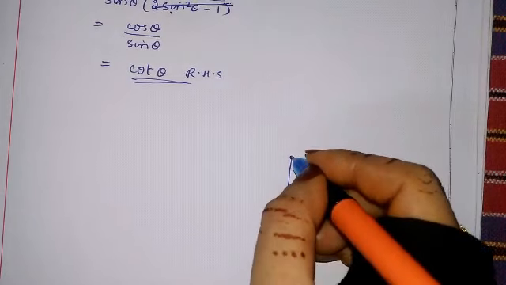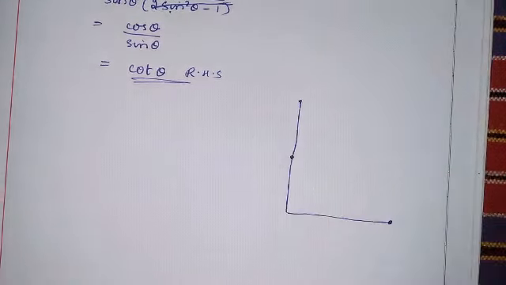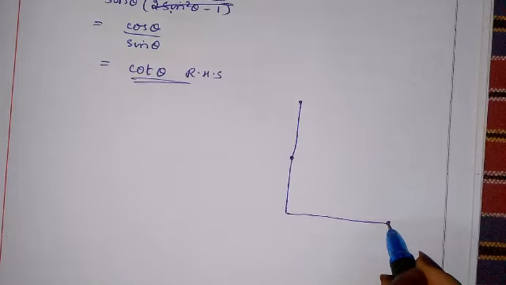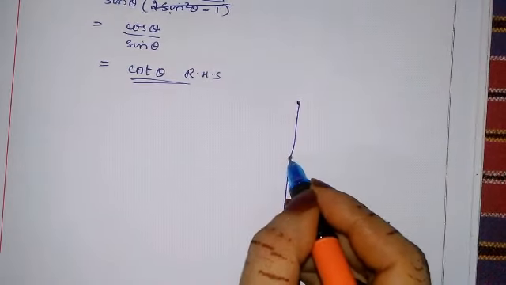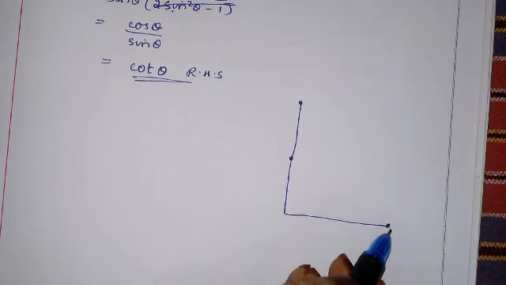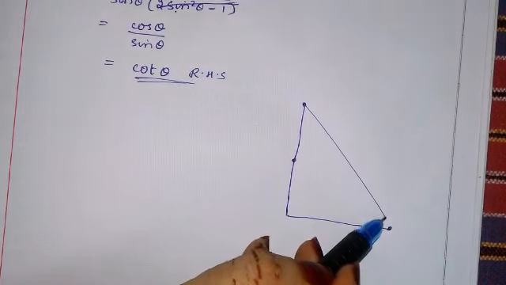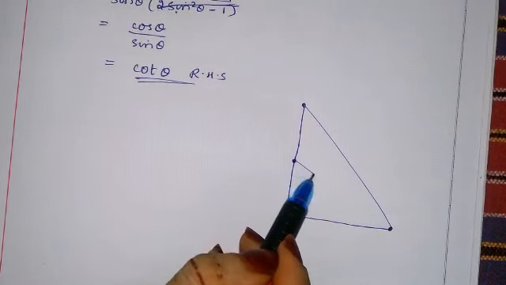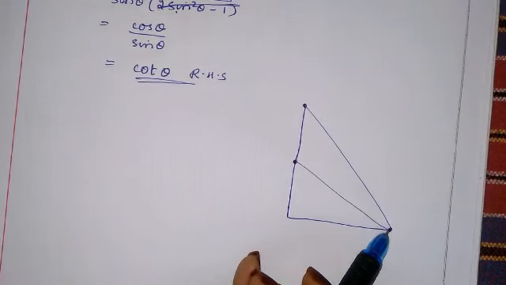On the 20-meter high building a transmission tower is fixed. This is the transmission tower. Top of transmission tower is this, bottom of transmission tower is this. The angle of elevation of top is 60 degree, bottom is 45 degree.